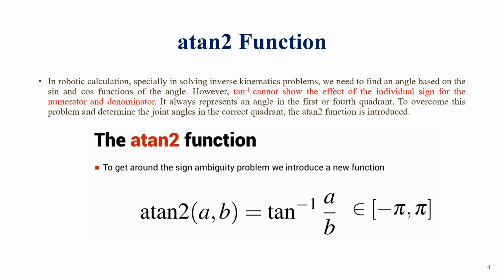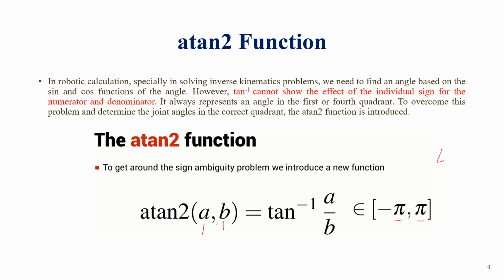That is, you will be giving both the x and y values. With both arguments given, you will get the angle between minus pi to pi.